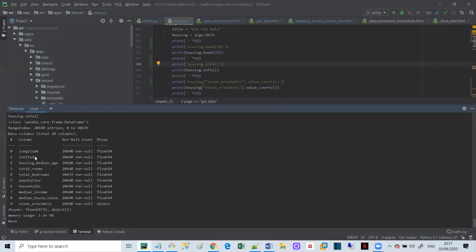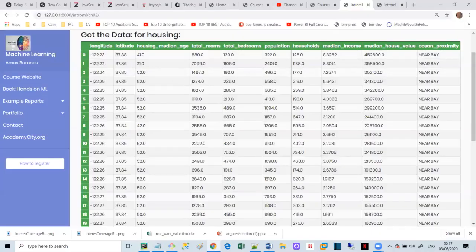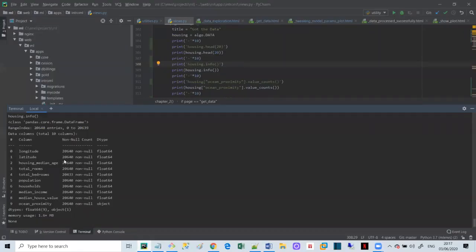For longitude, it counted how many numbers there are and found 20,640. And it did it for the next one, and the next one. All of them have the same number of data points, but this one it found fewer. What does that mean?